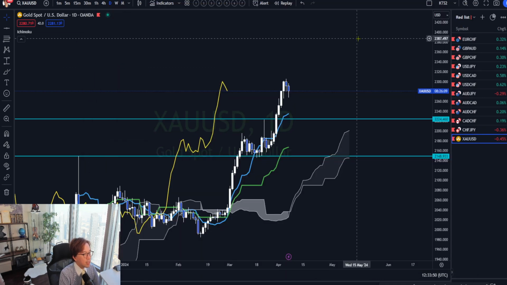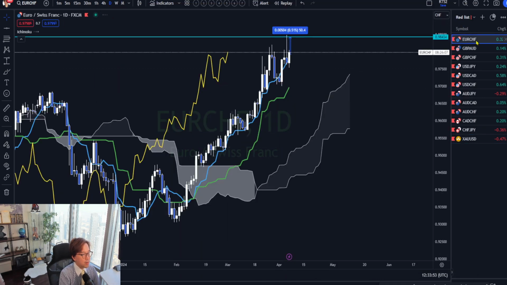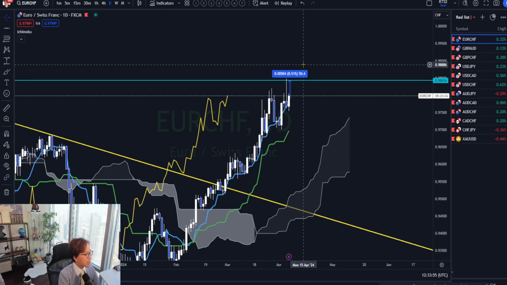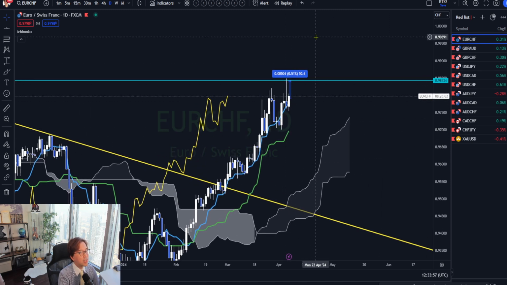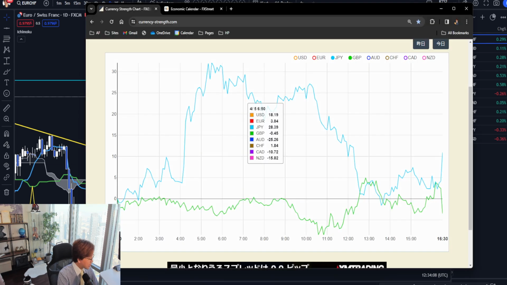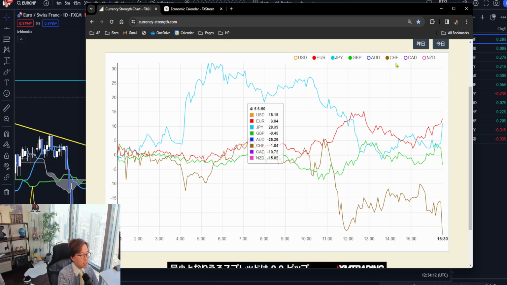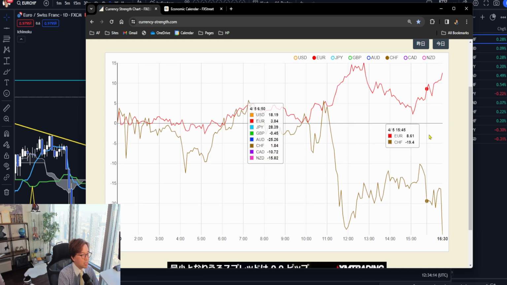So now let's check. First, Euro Swiss franc. Euro Swiss franc has been bullish, and Swiss franc is sold, so this pair is continuously bullish, but it looks like the impact was not that much. Euro is bought, Swiss franc is sold.